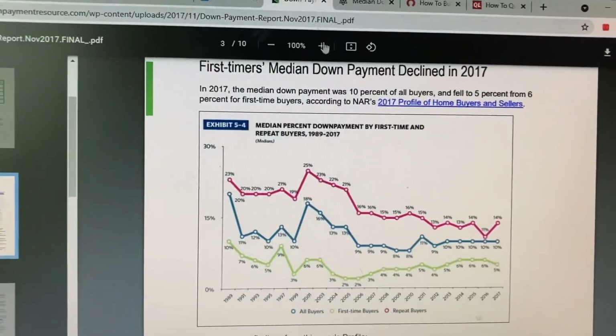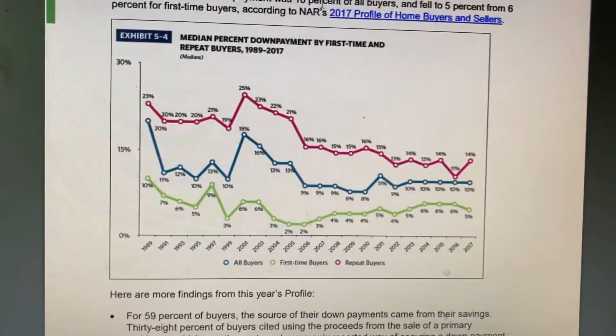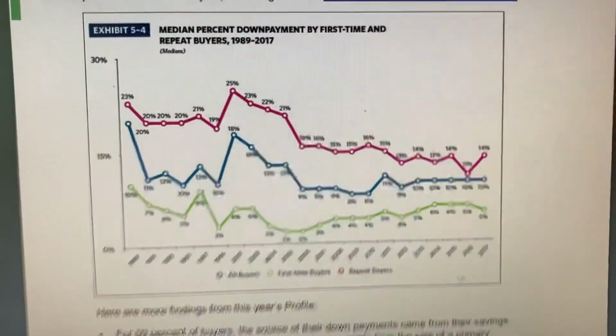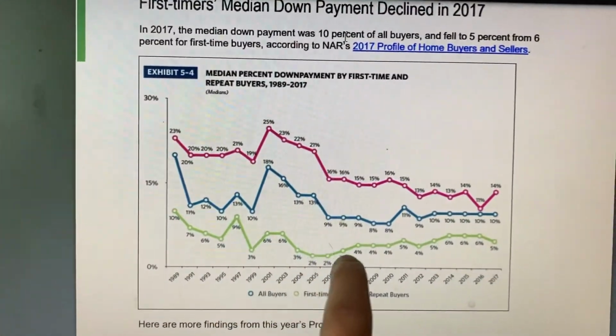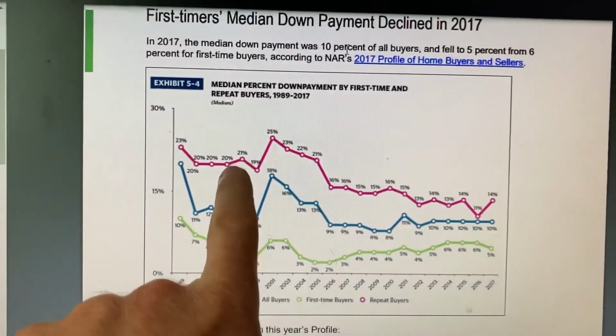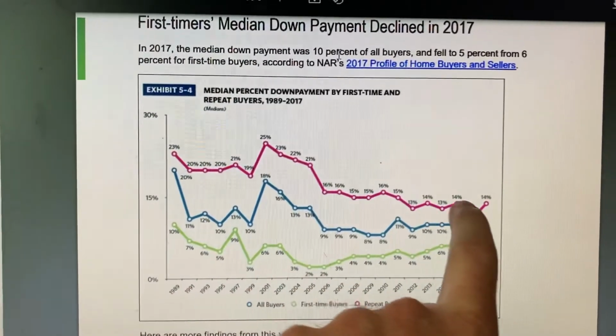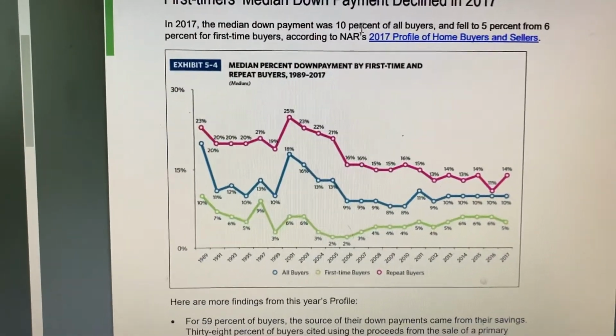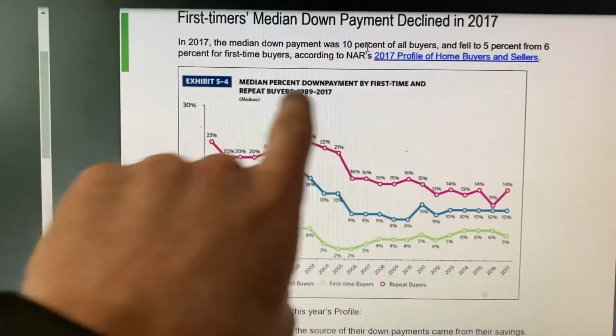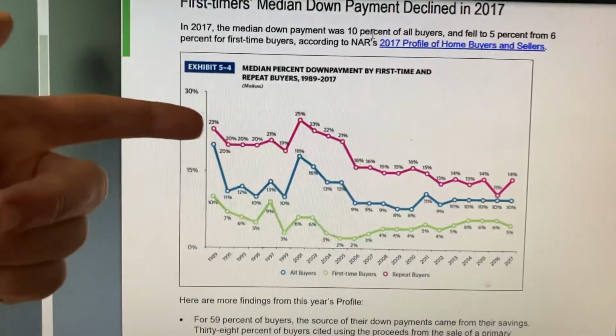And you can see here now, talking about down payments, I really like this graph because it breaks it up between first-time buyers in yellow, and the red up here, or a little purple color, is the repeat buyers. Okay, so these are people that have bought a house before. And so what you can see is people who have already bought a house, this is, by the way, their down payment rate.